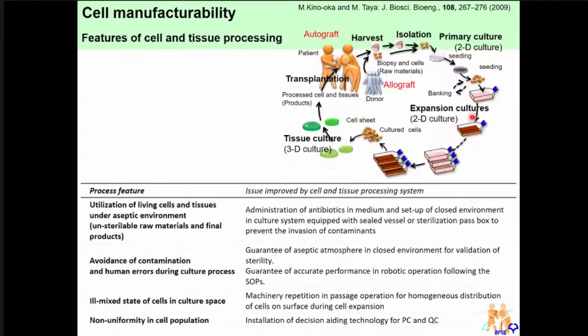And again, I want to introduce this using different schematic drawings. From the patient, that's an autograft for transplantation, or an allograft, meaning from the donors, we harvest the cells, isolate the cells, and seed them. That's the primary culture, and then expansion culture exists.